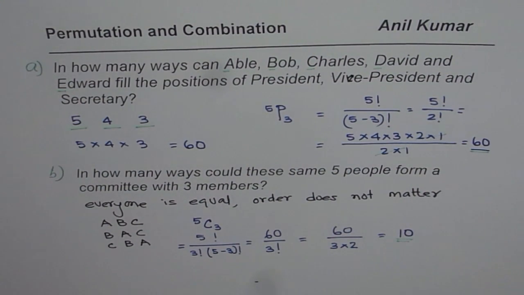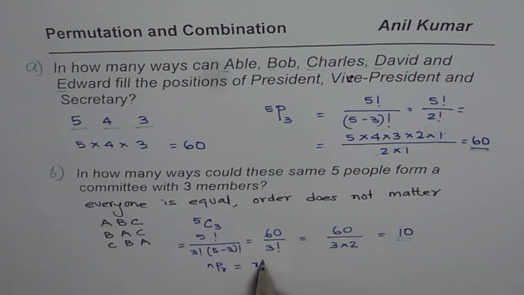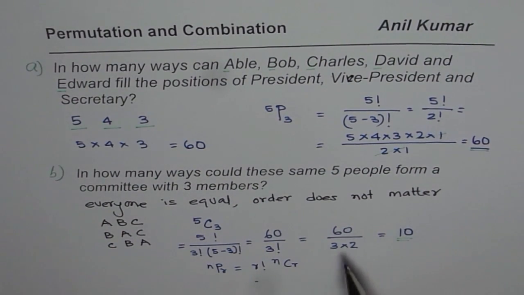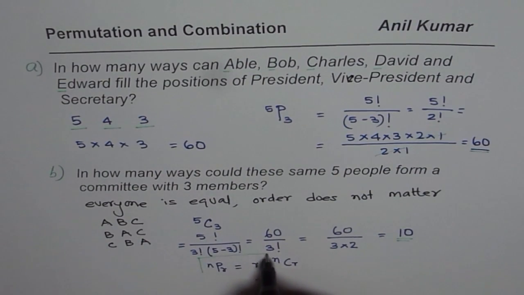So in general, the relation between the two is that nPr is equal to r factorial times nCr, right? Or you could write nCr equals nPr divided by r factorial, right? So that is the relation between the two.